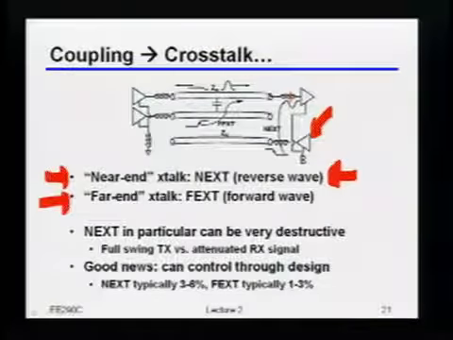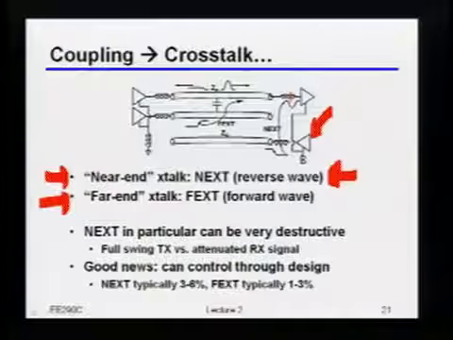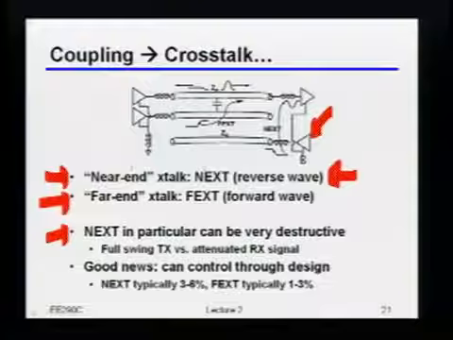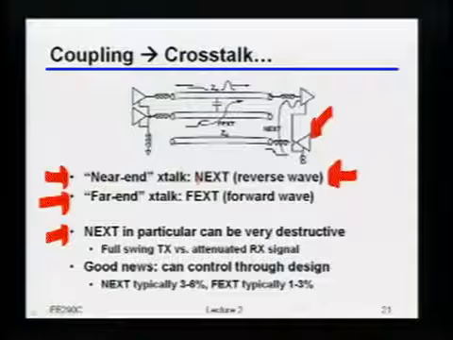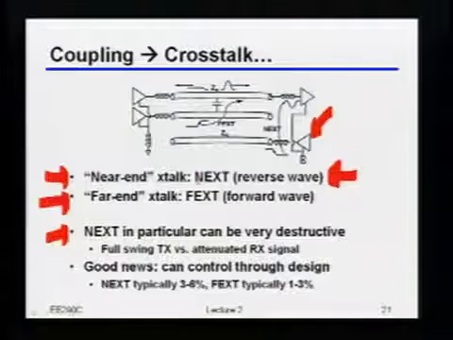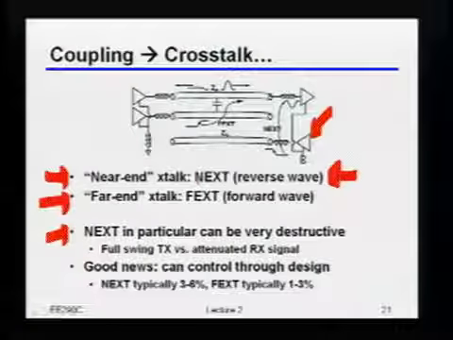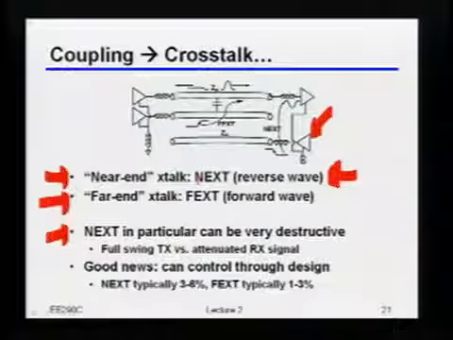So for most signal integrity work, people pay a lot of attention to near-end crosstalk. That's not to say that far-end doesn't matter, and by the way, people call these NEXT and FEXT, just because saying crosstalk all the time is a little bit annoying. But in particular, you really have to pay attention to that NEXT, okay?